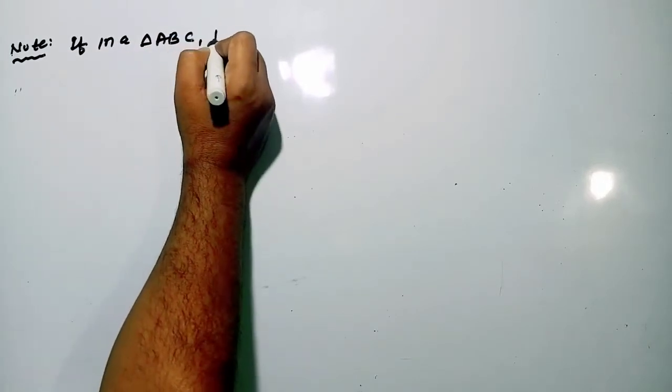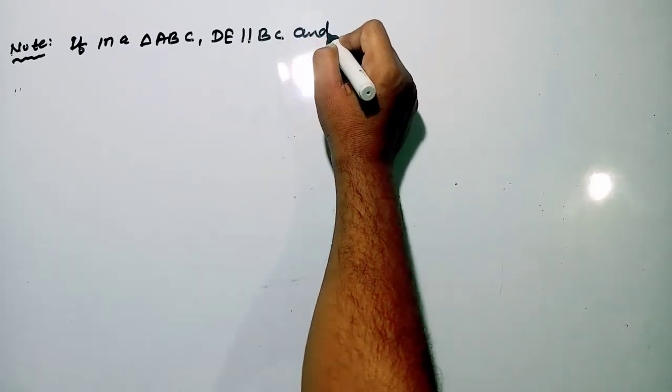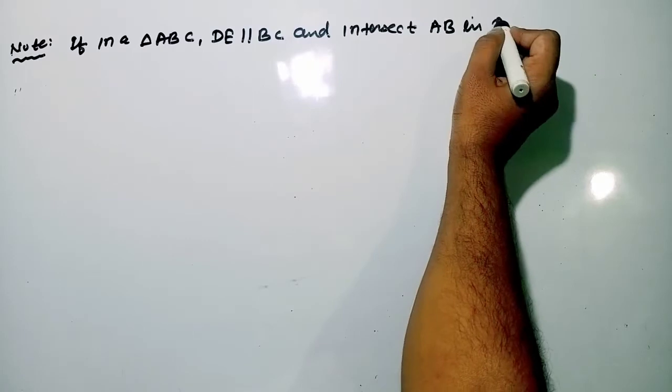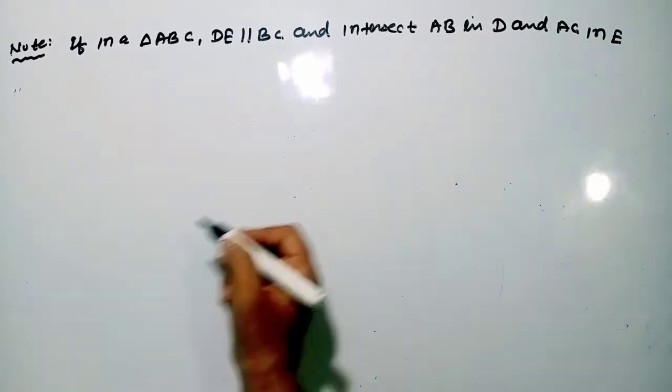Now there are a few notes on the basis of BPT. We can also prove these statements, but here we will just learn these concepts, right? We are not going to prove these things.